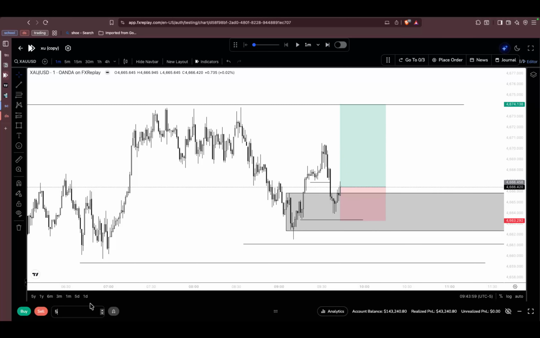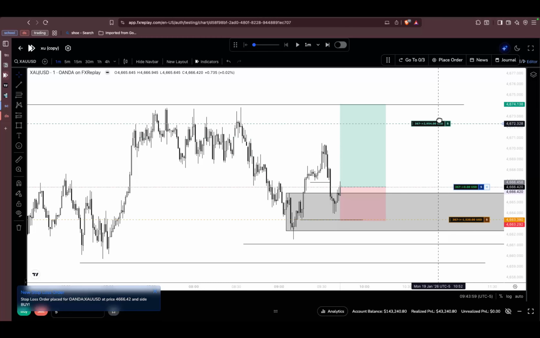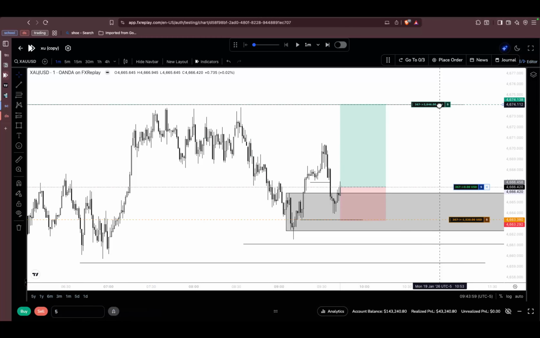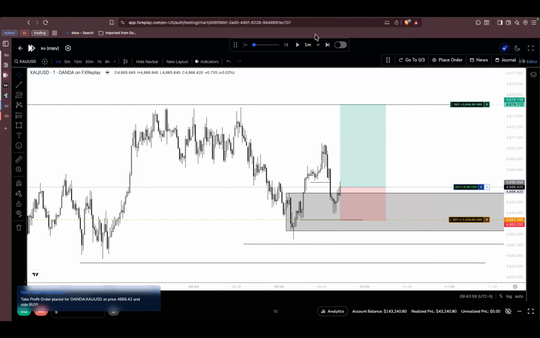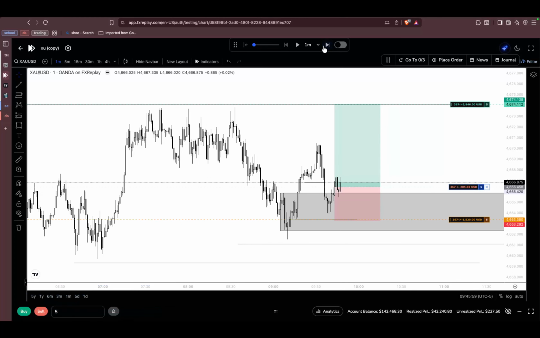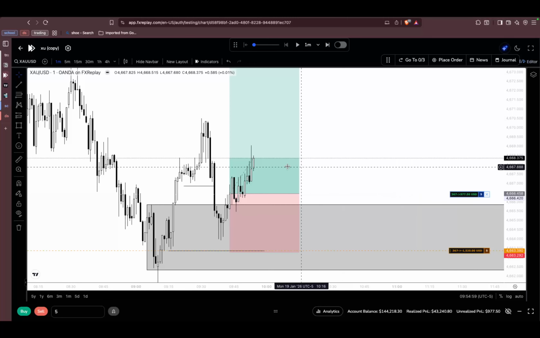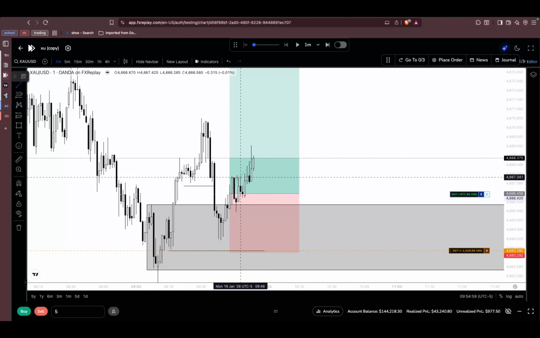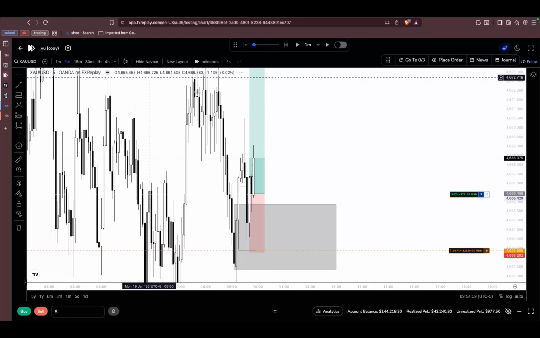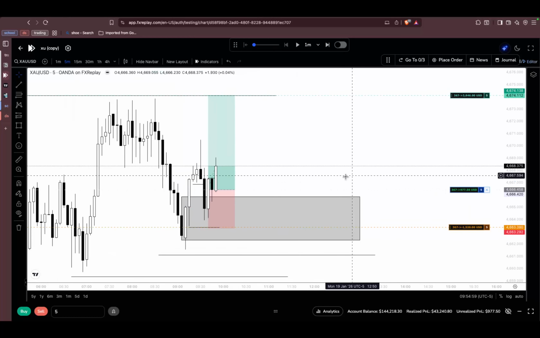So a little less. All right, there. Okay, we see a break of structure now. 1 minute. Some 5 minute. We also see a break of structure right here.